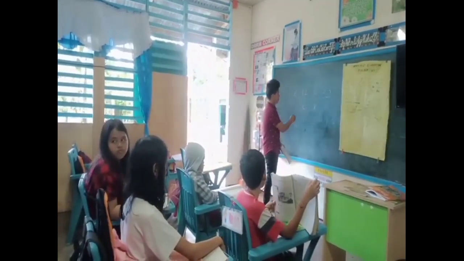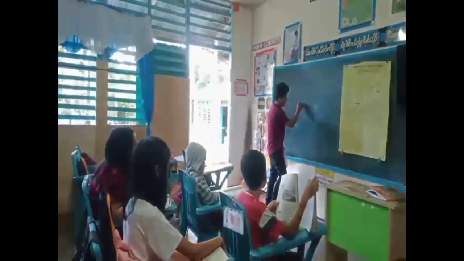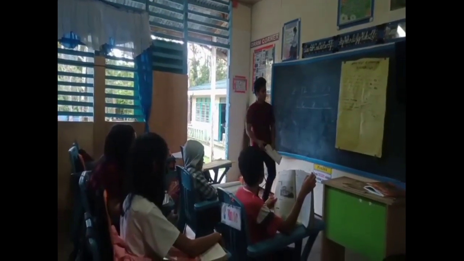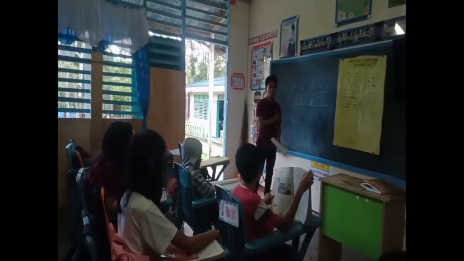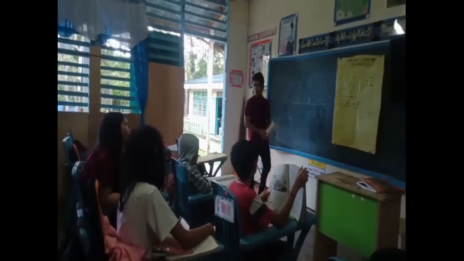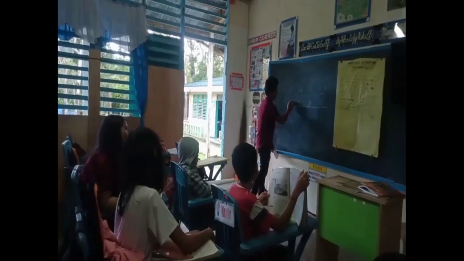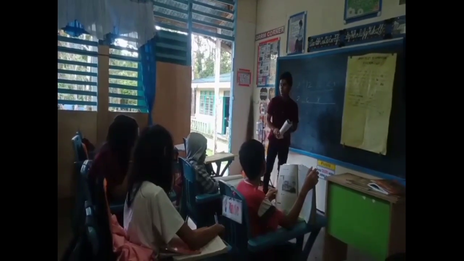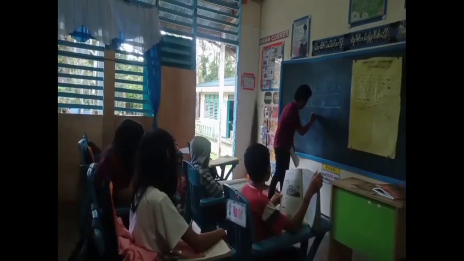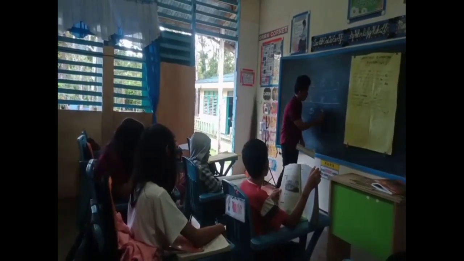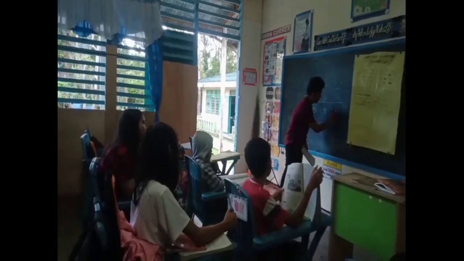We continue the process, class. Since they still have common factors, what number can we use? 2. Okay. So 6 divided by 2 is 3. 8 divided by 2 is 4. And 10 divided by 2 is 5.